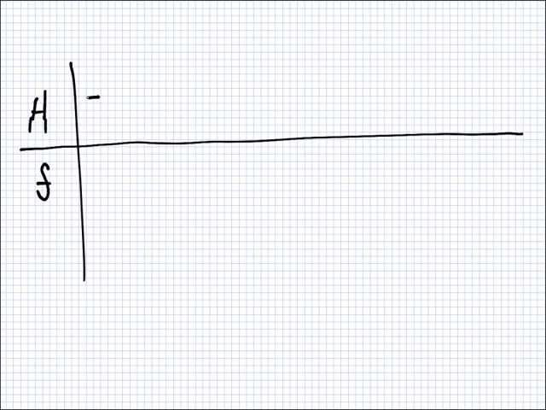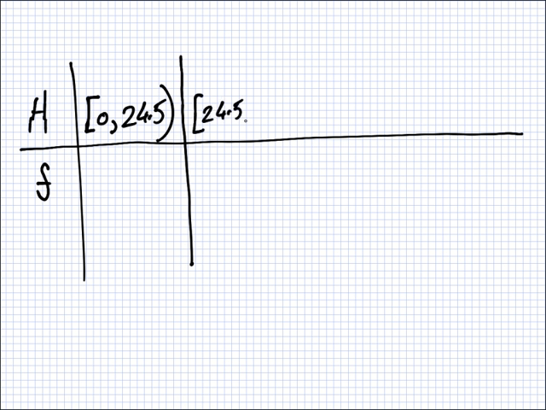The first one is 0 to 24.5, because you can see there's a little bit of a gap between 24 and 25. So we need to be clear about who's in which box. The next box starts at 24.5 and goes up to 50.5.